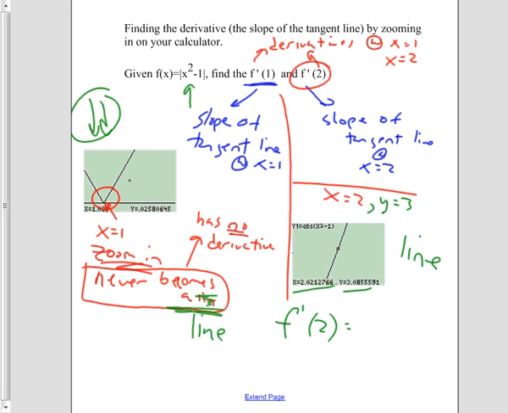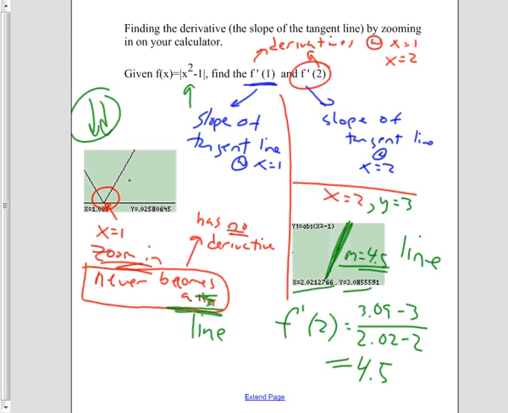That's going to equal, doing some rounding, 3.09 minus 3 over 2.02 minus 2. If we simplify this, we get 4.5. In other words, the slope of this line equals 4.5.